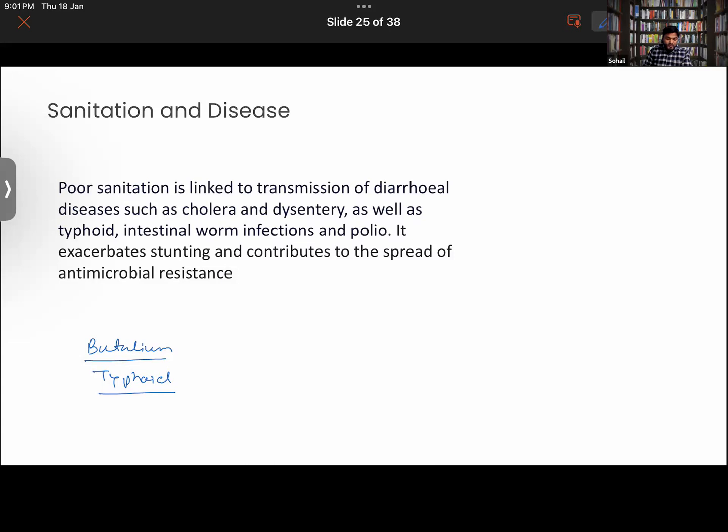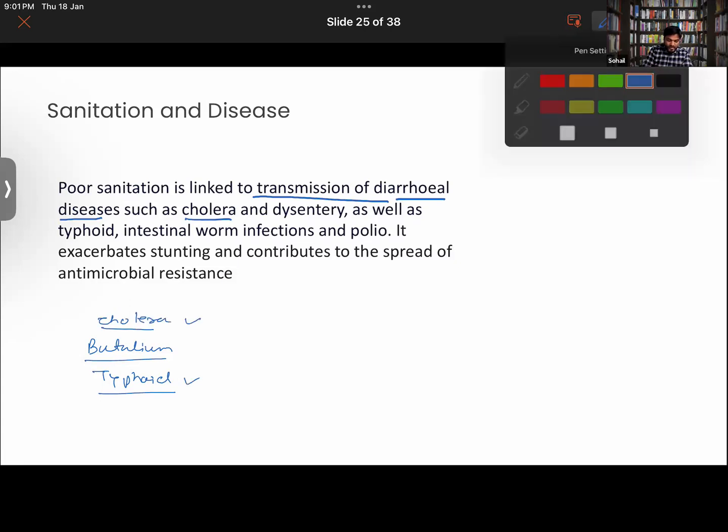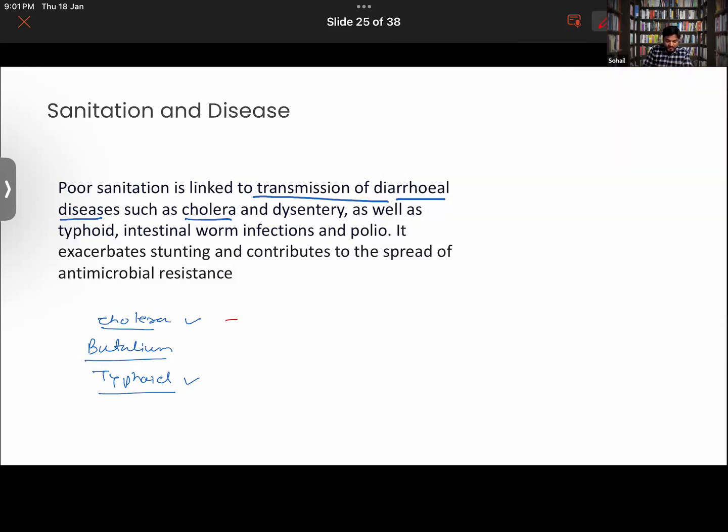Poor sanitation is linked to diarrheal diseases such as cholera. Cholera is also a waterborne disease. Cholera and typhoid both happen due to consumption of contaminated water.